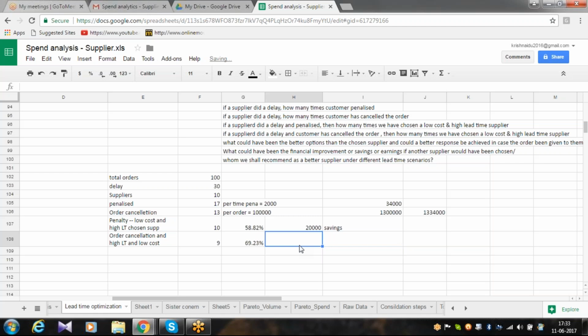Now, how much savings would I have got if I had given a better supplier? How much cancellation would I have saved? I would have prevented it. So that is 69.23% into 13 lakhs. The total savings could have been 20,000 plus that value.